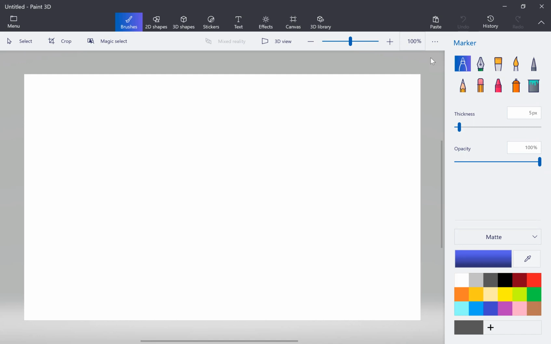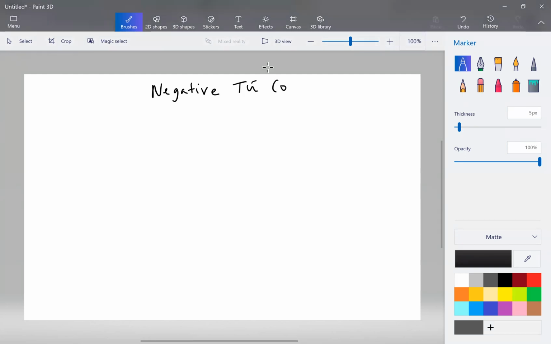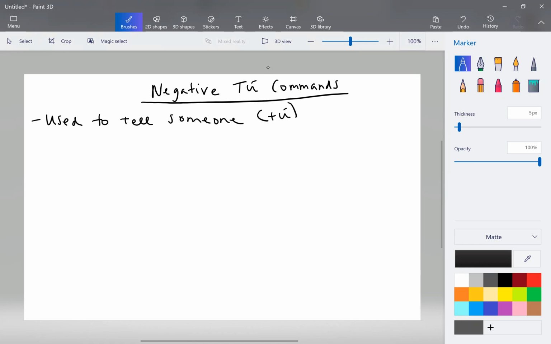So today we're talking about tú negative commands. These are used to tell someone we could call tú not to do something.